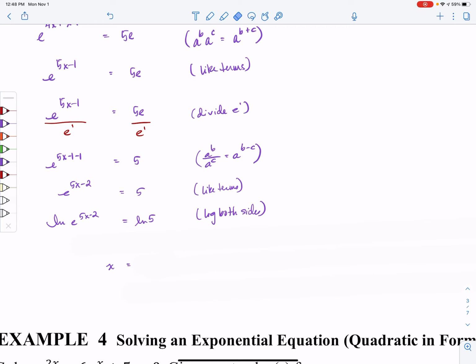So we log both sides, then we can use our power rule. And remember, folks, this is a rule that we looked at, it's the very last theorem in section 4.3. So pull up your notes and you'll see that theorem right there if you're not understanding how I did what I did. And then we will add 2 and divide by 5 to get x alone.